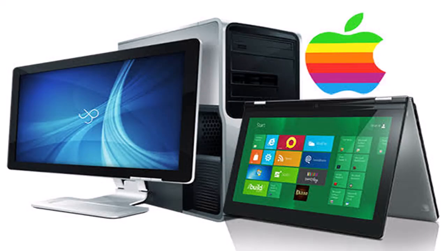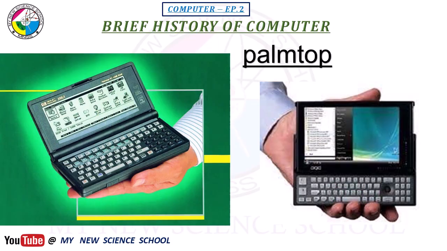Then here are other pictures of different devices, and this is a desktop. We have a laptop, and the laptop is even convertible. Then we have another computer device called a Palm Top, which is something like this. This is a Palm Top. It's a very small computer that can fit into the palm.